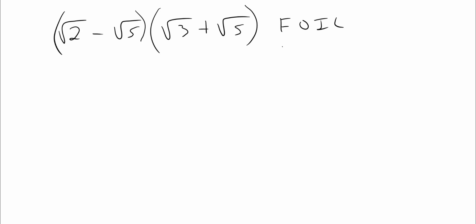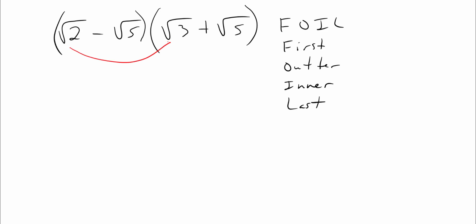FOIL stands for first, O is outer, I is inner, and L is last. And it's just the terms. Okay? So remember, these are your first terms. These are your outer terms. These are your inner terms.